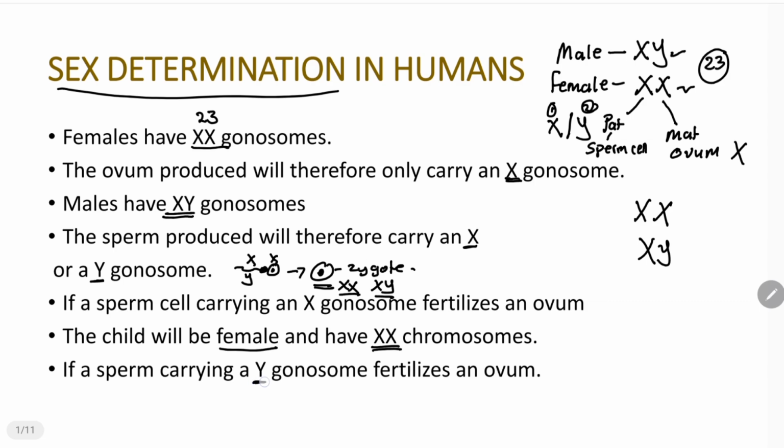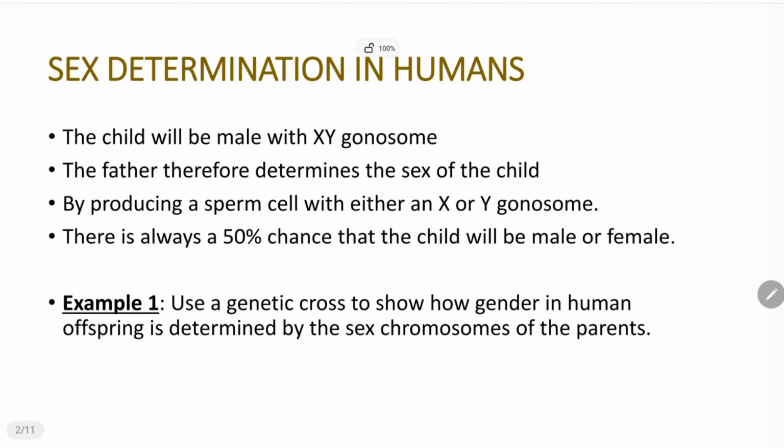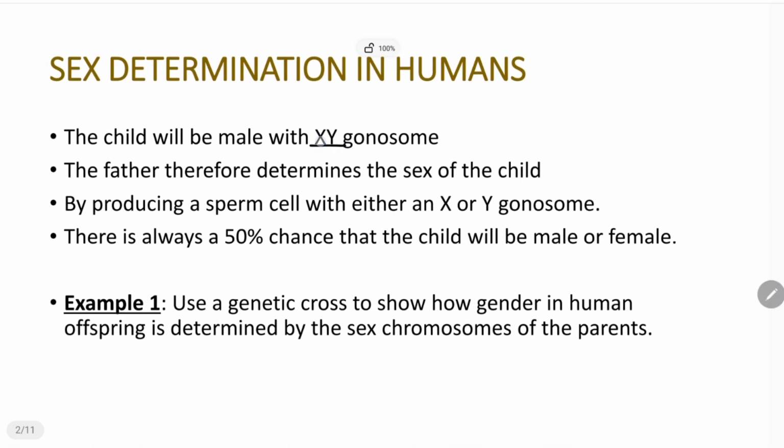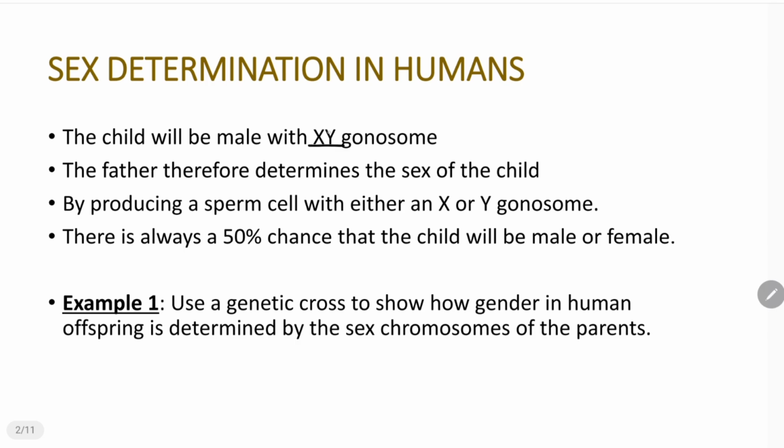But if the sperm cell is carrying a Y chromosome and fertilizes the ovum, this is what is going to happen. Then the chromosomes of the child are going to be XY. And we know that XY chromosomes are chromosomes that are found in males. That is why we say that the baby is going to be male and the chromosomes are going to be XY. That is because we know that the chromosomes of males are XY, right?